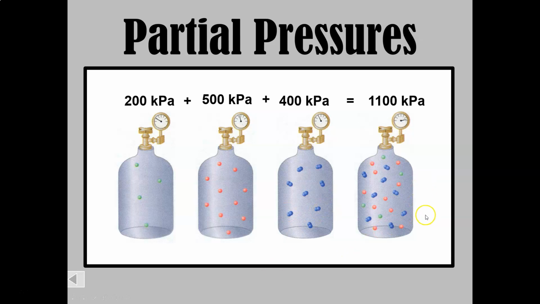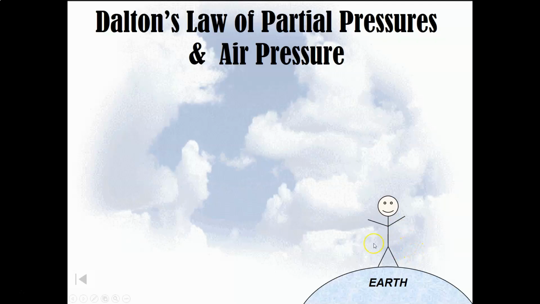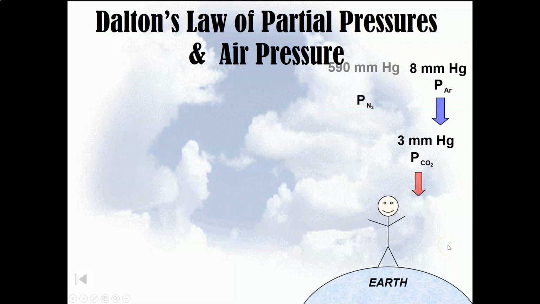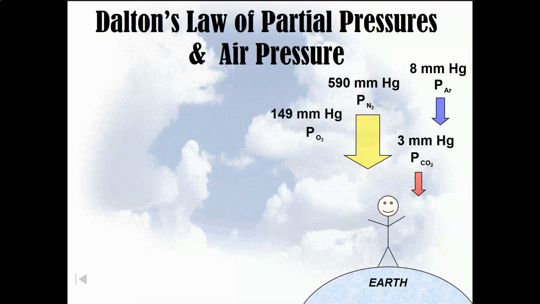One classic example of looking at these partial pressures is the air pressure that we feel. So if we have a little person here on Earth, they are having all different types of gases pushing down on them. Remember that air is a mixture. So we have some oxygen, we have nitrogen, argon, carbon dioxide. There's more than that, but we're just going to use those for our example today.